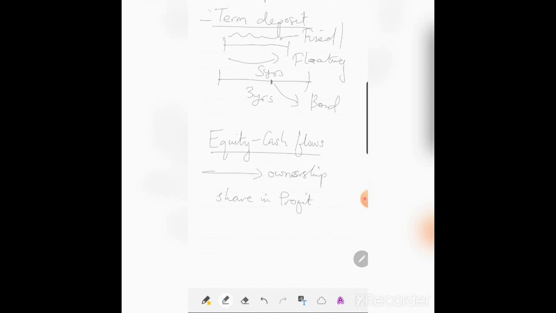So that is what equity capital means. The amounts which I'm going to receive in the future, and the timing at which I'm going to receive them, are all uncertain in an equity investment. The company actually pays dividends.